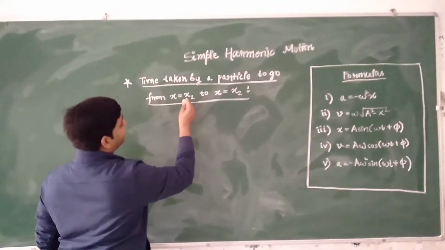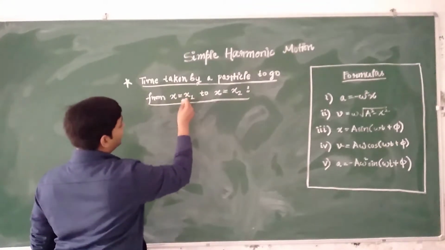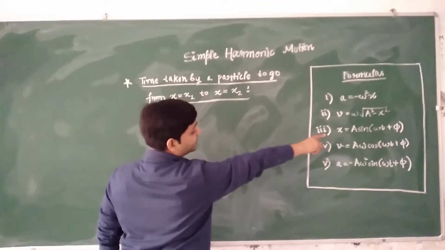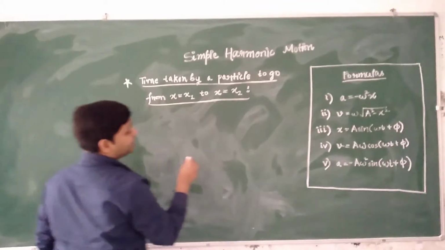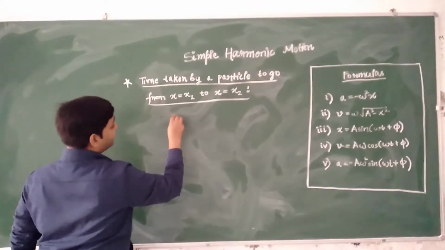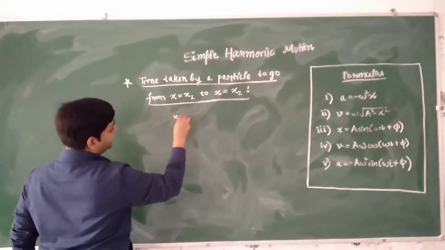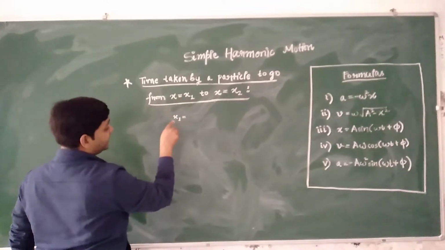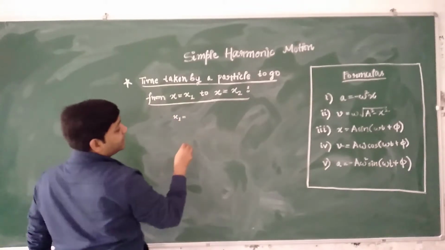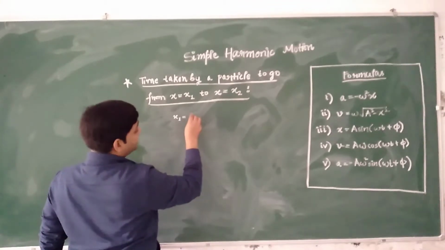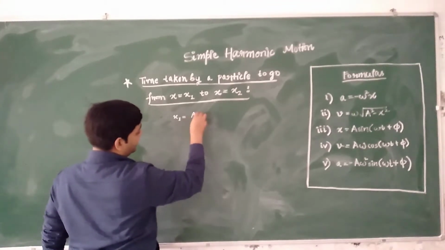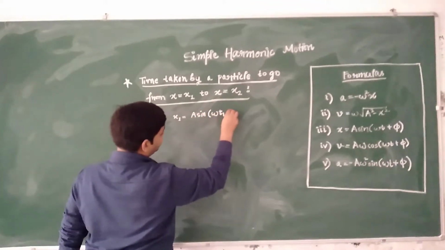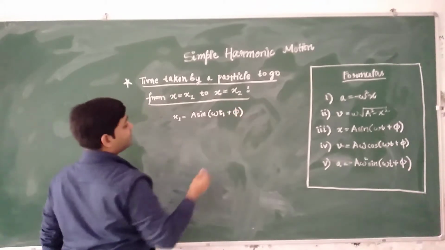So basically I want to relate the displacement or position of the particle with time. So which equation can I use? Can I use the third equation, x is equal to A sin omega t plus phi? So let's say for x1, when the particle is at position x1, or in other words the displacement of the particle from its mean position is x1, then we can write the relation as x1 is equal to A sin omega t1 plus phi, where phi is phase constant.